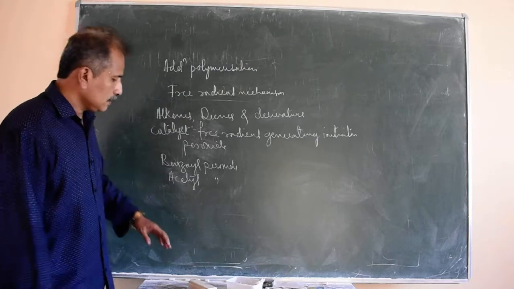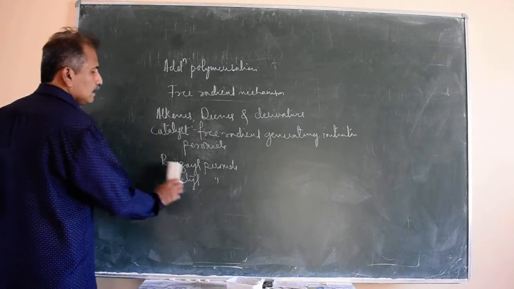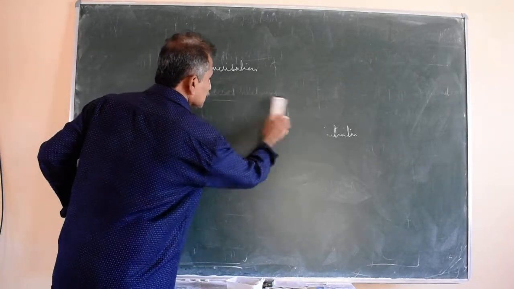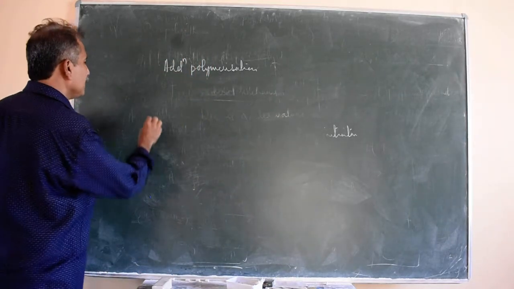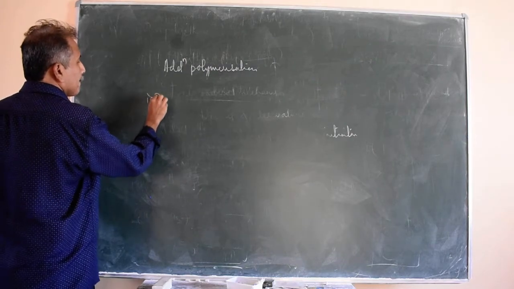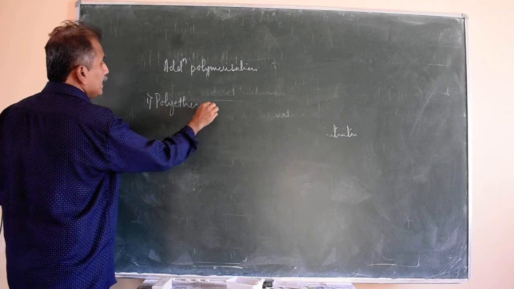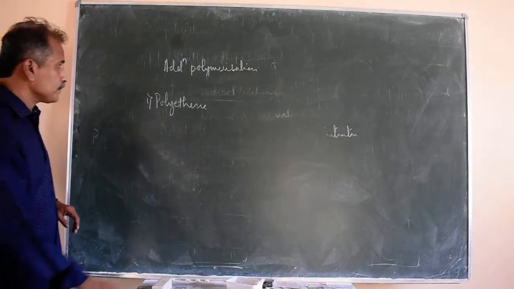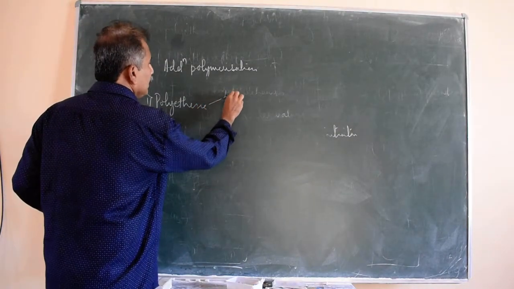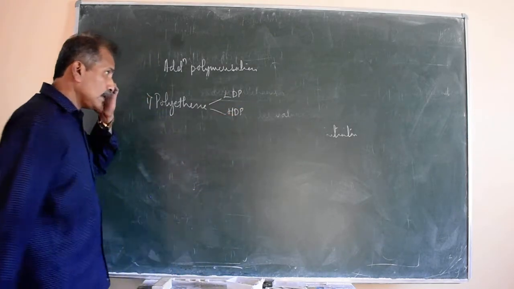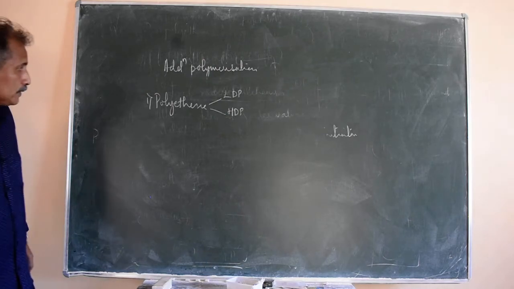Okay. Then we learned certain important addition polymers. So first one was polythene. Right? So in polythene, 2 types: LDP, HDP, low density polythene, high density polythene.